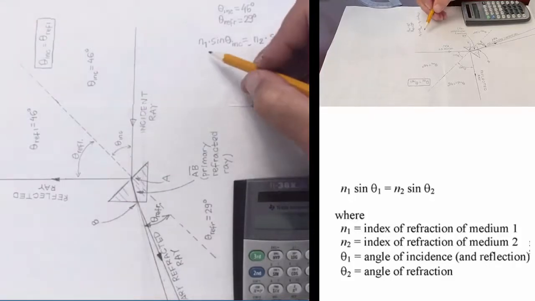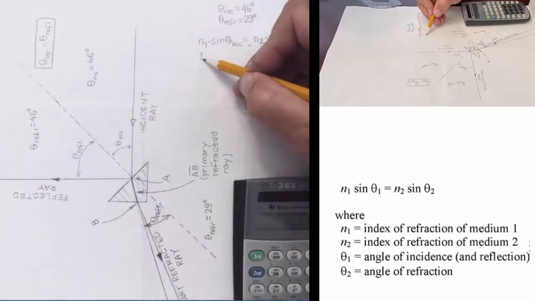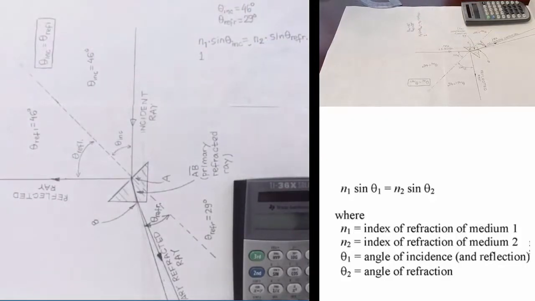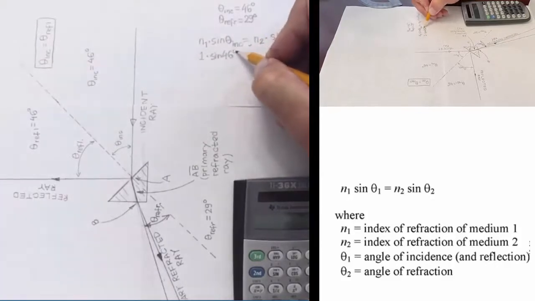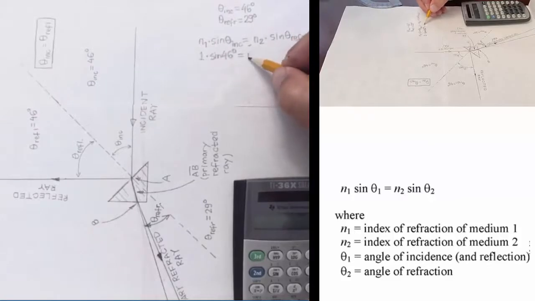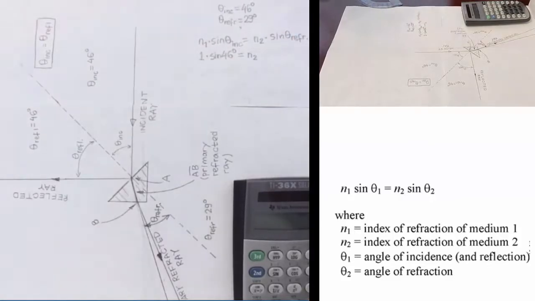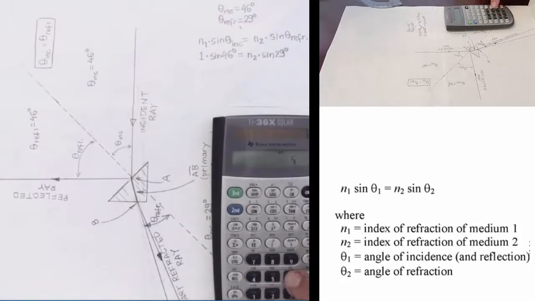Now we are going to substitute for N1, index of refraction of the first medium, which in our case is air, is equal to 1 times sine of 46 degrees, which is our incident angle, is equal to N2, which is going to be our unknown index of refraction of the material that the right angle prism is made out of, times sine of the refracted angle, which in our case is 29 degrees. Now we are going to perform the calculations. So first we're going to do the sine of 46 degrees.